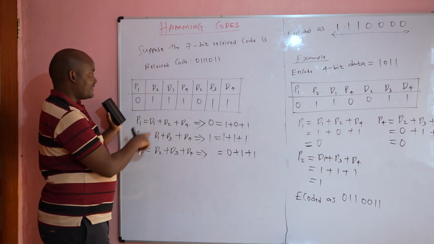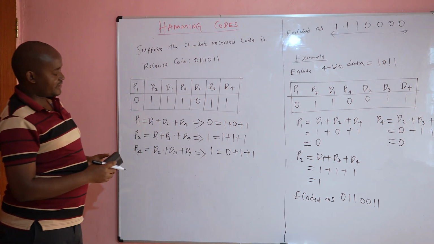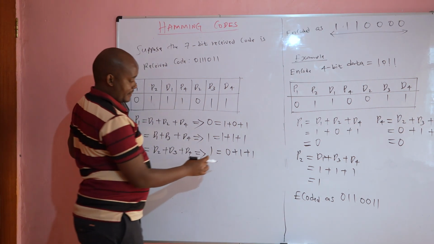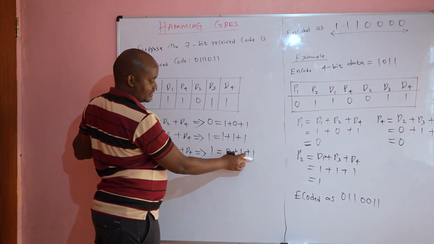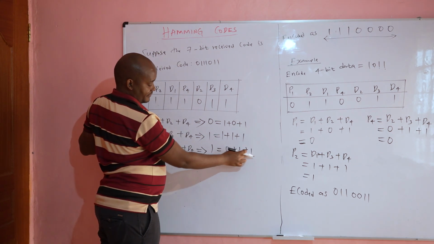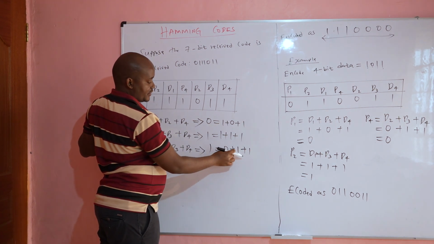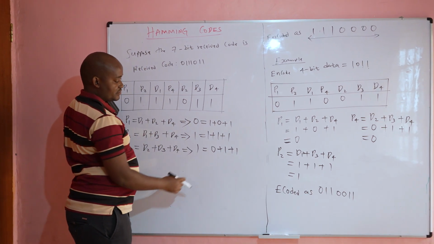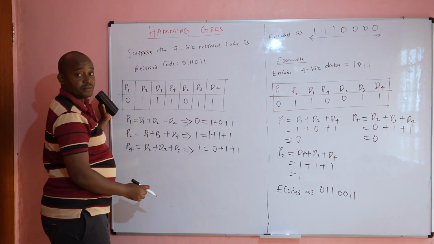That should actually give us our parity bit 4, which is 1. And when we check this already, it is an error. So when you add 0 plus 1 plus 1, it is giving us 2. So 2 mod 2, or the remainder of 2 upon division by 2, you get remainder 0. So meaning that actually this should be 0.